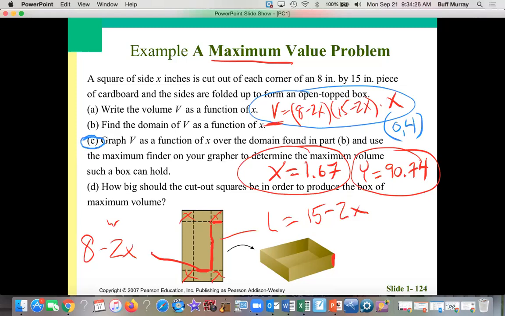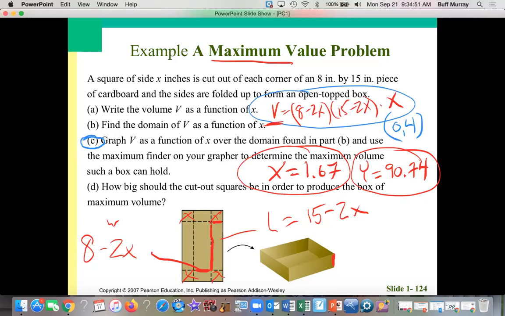So we just used Desmos to find that value. Okay. So the maximum volume is 90.74, and that is when X is 1.67.